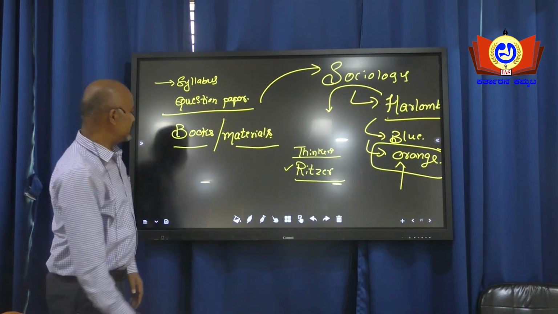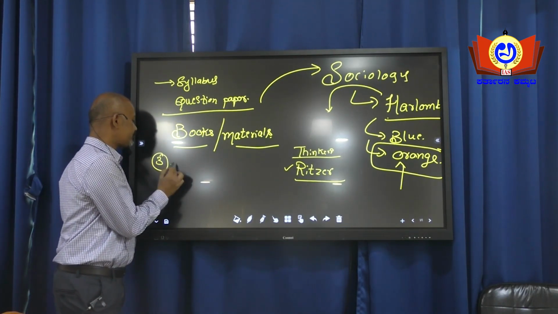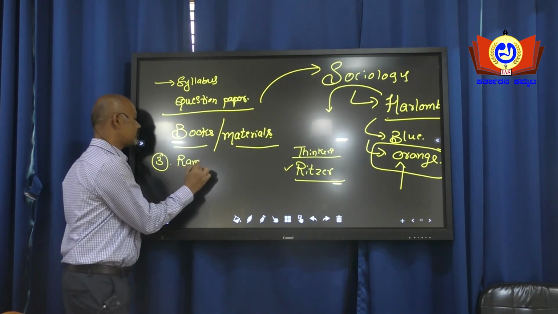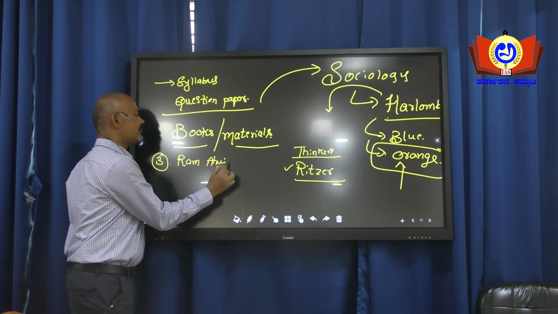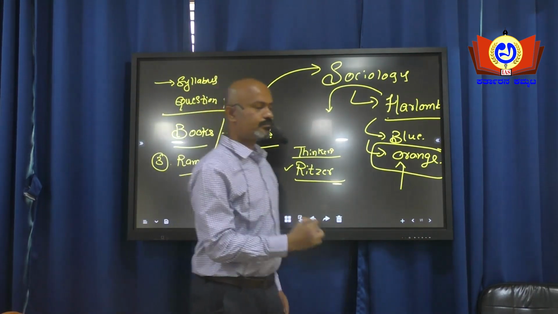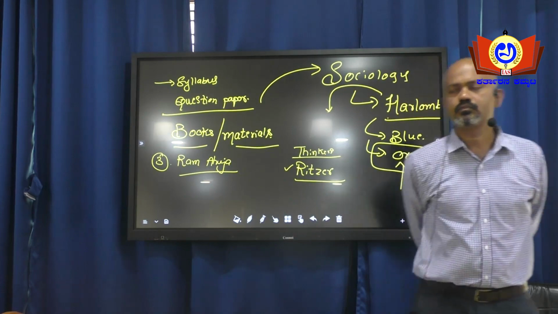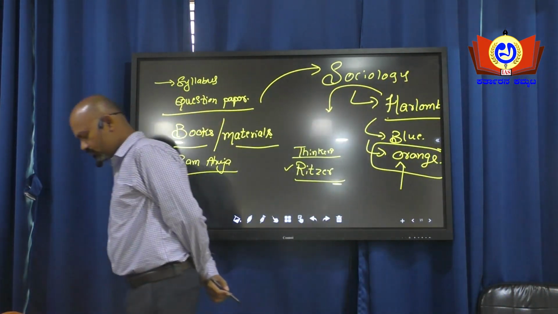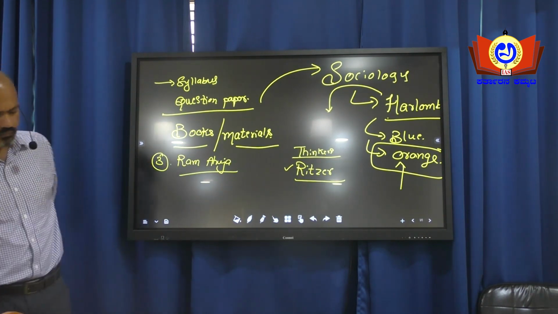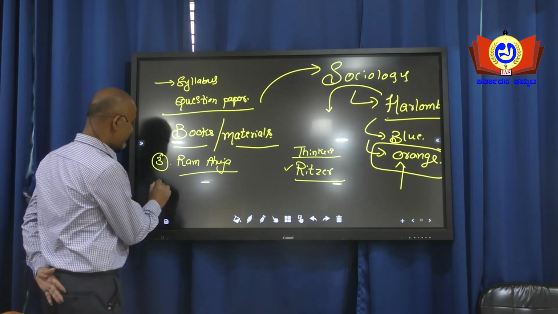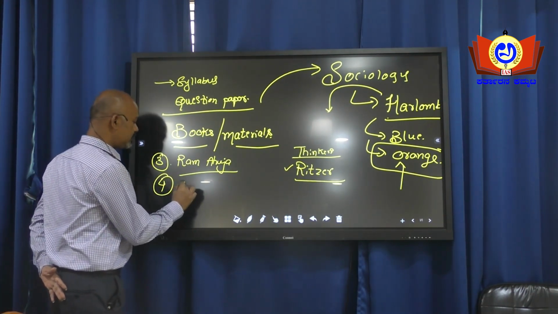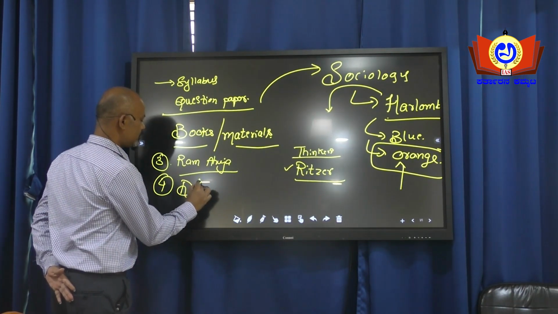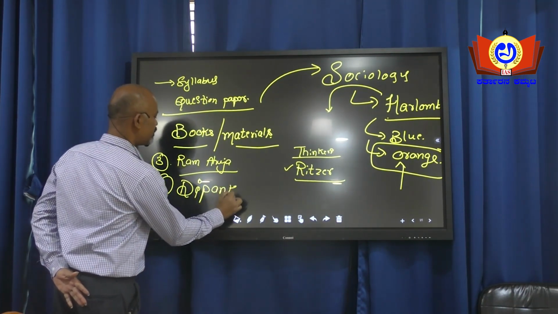And the third book is Ram Ahuja. This is for research methods. And for stratification, we have Dipankar Gupta.